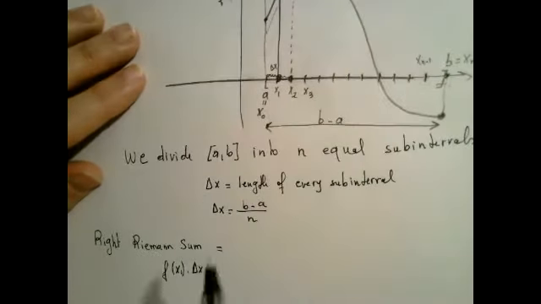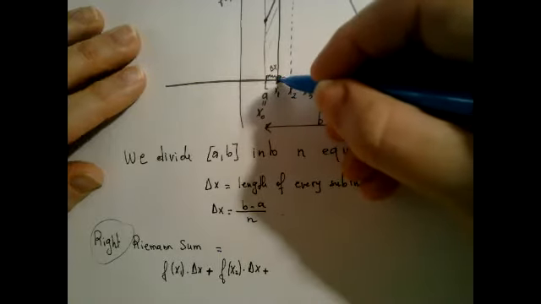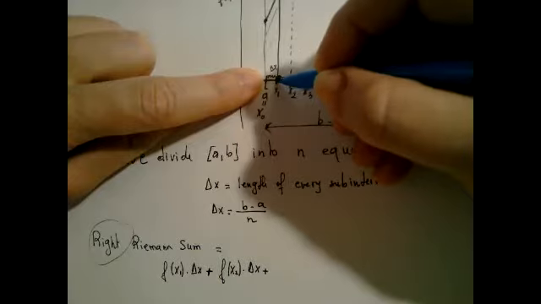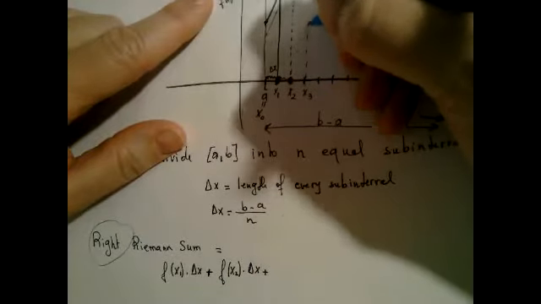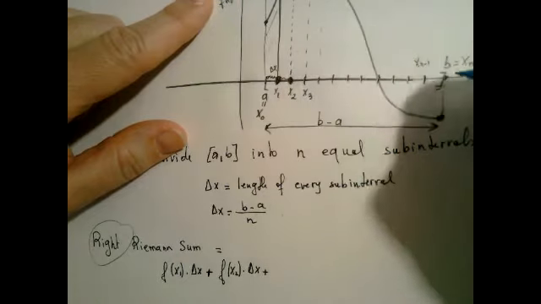So the word right comes from the fact that on every subinterval, I'm taking the value of the function at the right endpoint of the subinterval. And I keep repeating. Now I'm going to do that for x3 and x4 and so on and so forth.